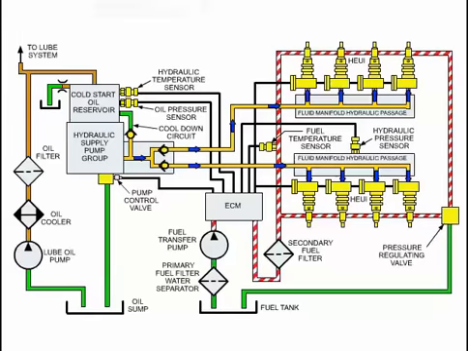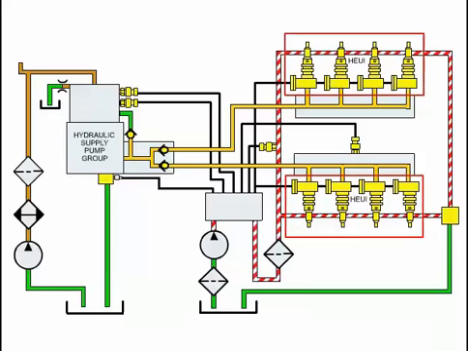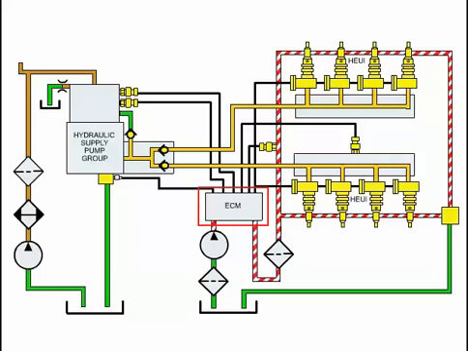During normal operating conditions, oil is pressurized between 725 and 3,300 psi by the high-pressure hydraulic pump to actuate the injectors. The level of hydraulic pressure is controlled by the ECM, which signals the pump control valve to upstroke the hydraulic pump. When the engine is running, high-pressure hydraulic oil is available to the injectors at all times.